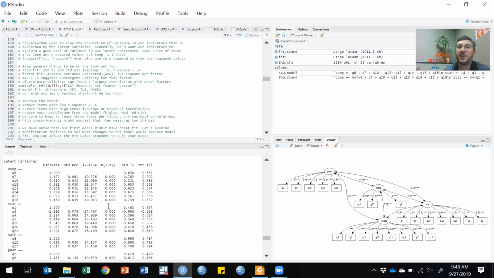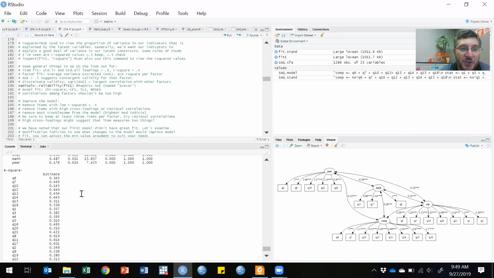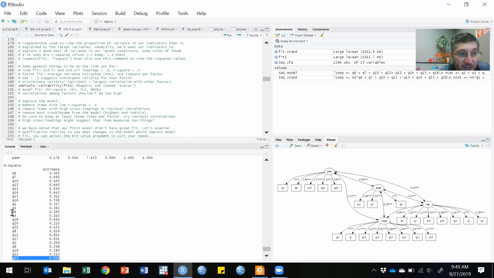people usually talk about the average variance explained by that factor. Basically, we could look at math fear being manifested by questions 8, 11, and 17. We could come down to these R-square values. Was it 8, 11, and 17? Average those, and we'd get the average variance explained by that latent construct.